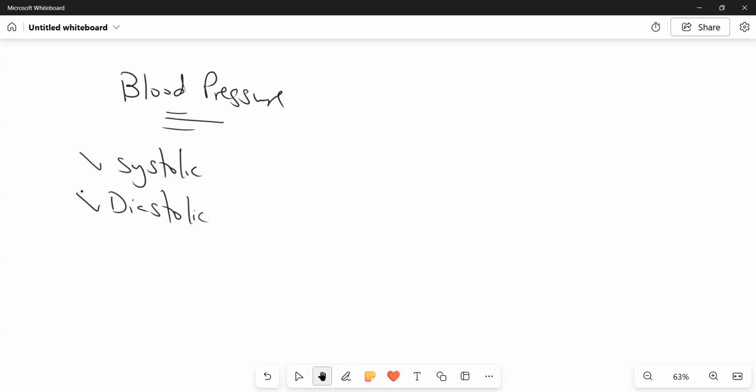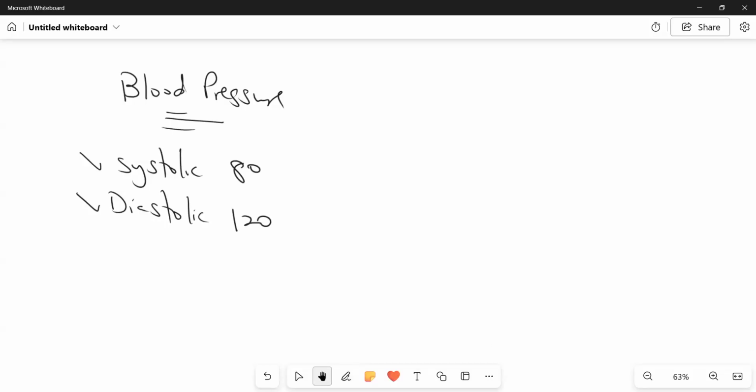When y'all go and test your pressure, there are these voice machines. I have one in the house. When you test your pressure, it says systolic 80 and diastolic 120.